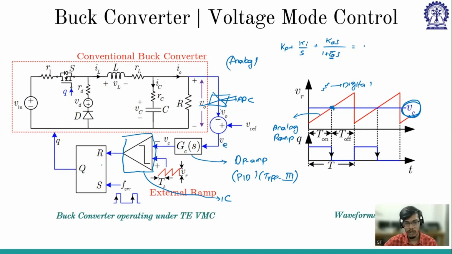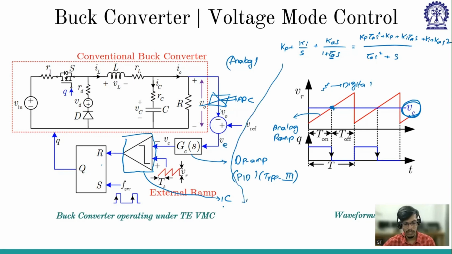Now if you multiply, you will get tau d S square plus S in the denominator, and in the numerator you will get Kp into tau d into S square plus Kp plus Ki into tau d S plus Ki plus Kd S square. If I write this again at the bottom, what is the S square coefficient?